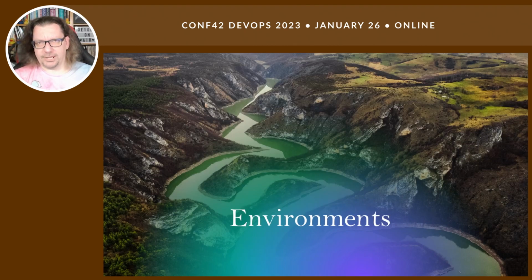This number can change. We need to understand the ownership of each environment, the structure of each environment, and what kind of access we have to each environment, because it may happen that you have full control over the dev and QA environments, but no control at all over production, right?